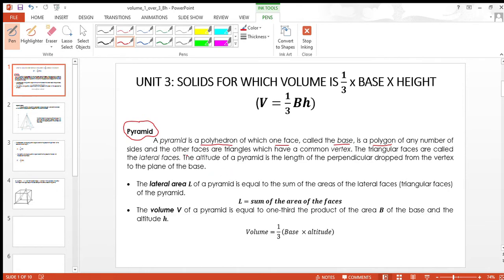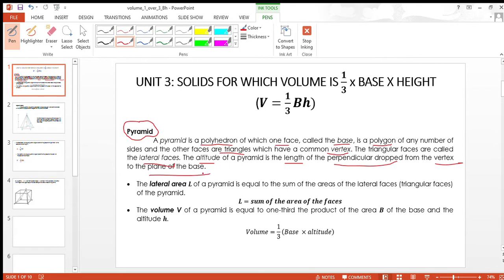The other faces are triangles which have a common point, called the vertex. The triangular faces are called the lateral faces. The altitude of the pyramid is the length of the perpendicular line that is dropped from the vertex to the plane of the base.